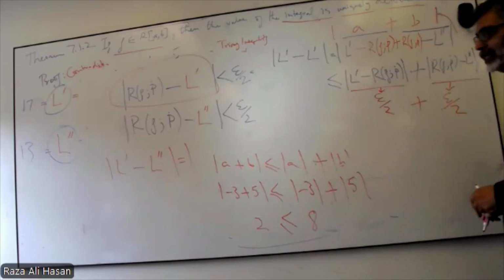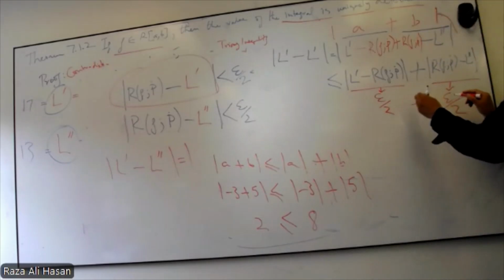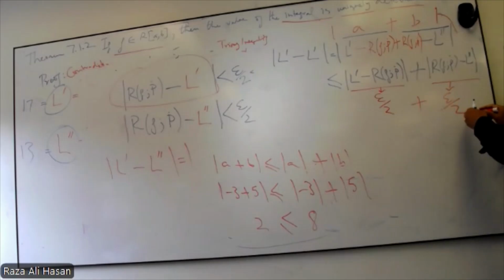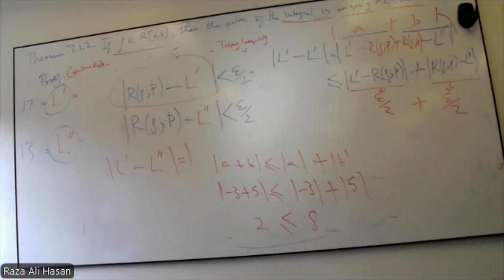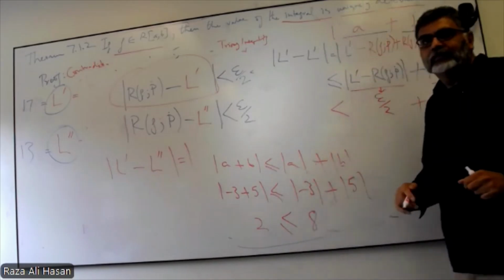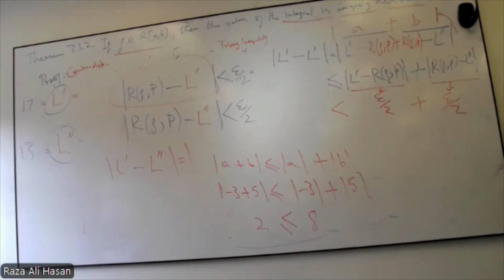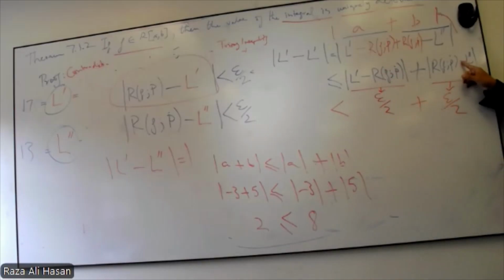And if we add epsilon divided by 2 plus epsilon divided by 2, that is the number that represents this sum here. But this sum is less than, because this thing is less than that, and this thing is less than that.